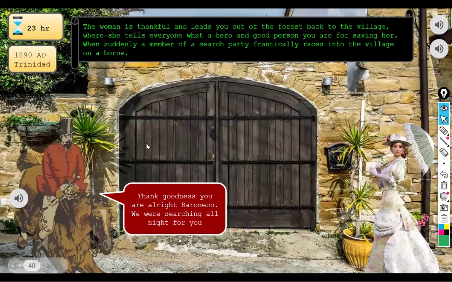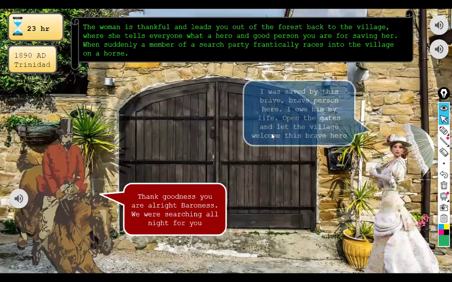So apparently she went missing last night, and the village sent a search party to find her. Now she is no ordinary person. She's a baroness, so she's probably the leader of this village. She holds a very high position in this village. And there she goes again, telling you that you are a brave, brave, brave person.